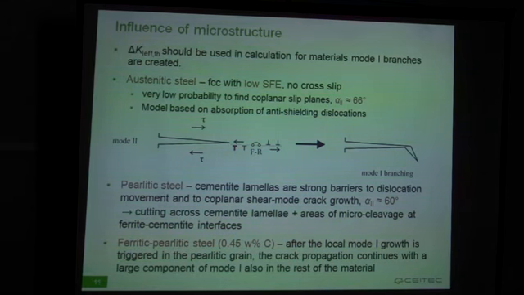And in the case of the austenitic steel, we could see that there was a very flat crack that immediately deflected towards local mode 1. And this is probably caused by a different micromechanism occurring there. It is an FCC metal like nickel, but it has stacking faults, and cross slip is not possible there. So it is very difficult to find conveniently oriented slip systems, and the maneuverability of the dislocations is low.